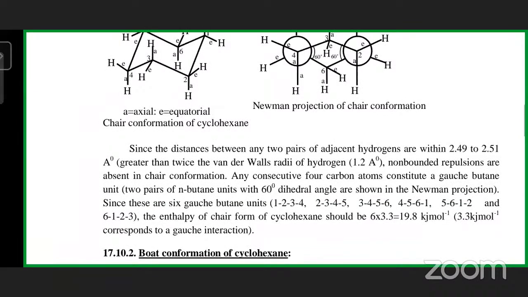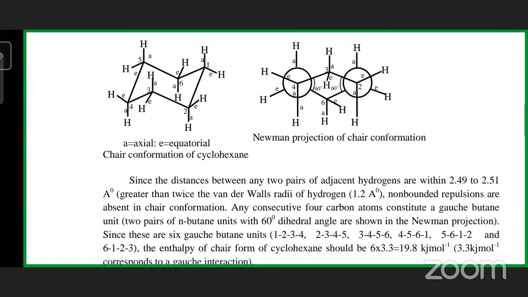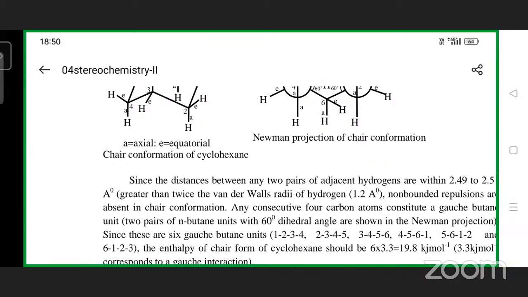So here you see these bonds, 1, 2. The one carbon is away from the plane here, and this is 1, 2, and 3.